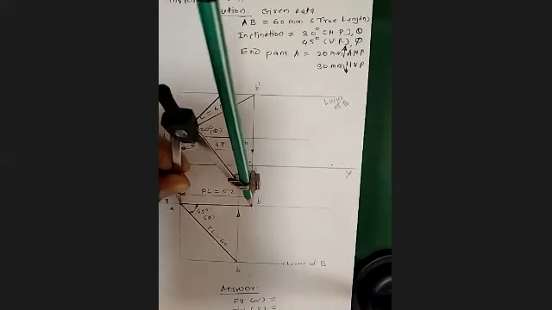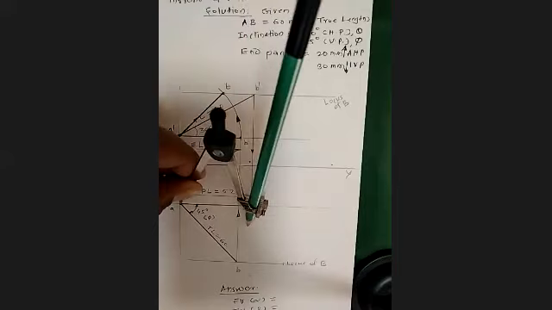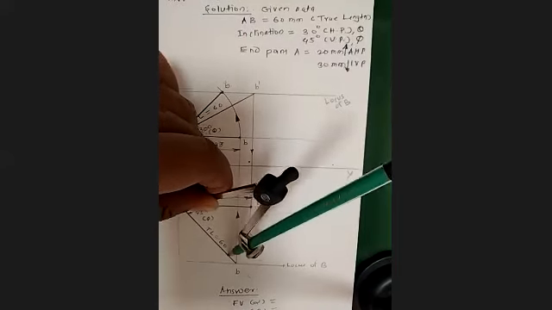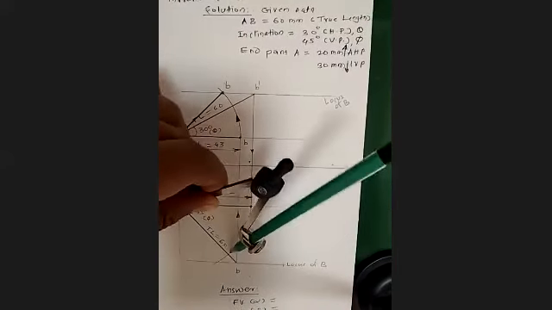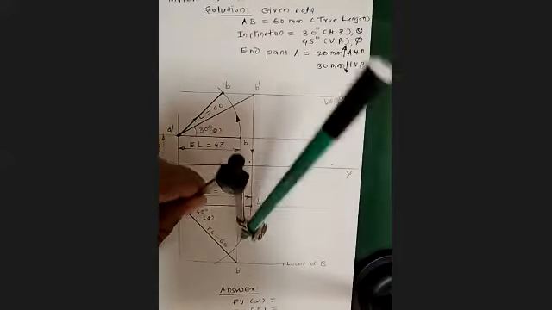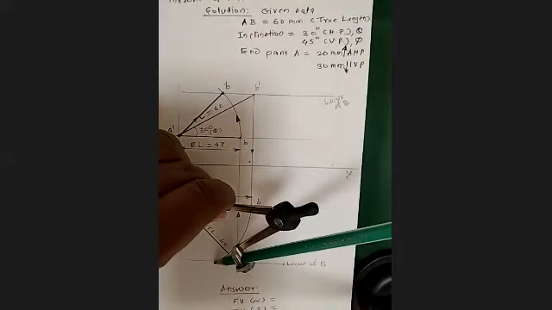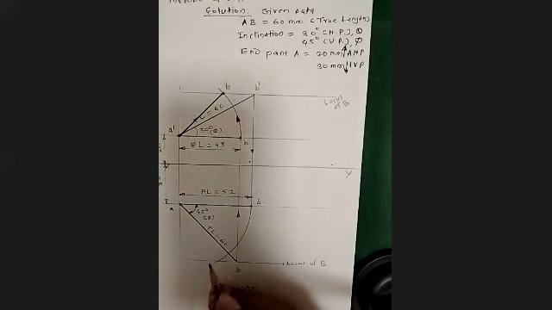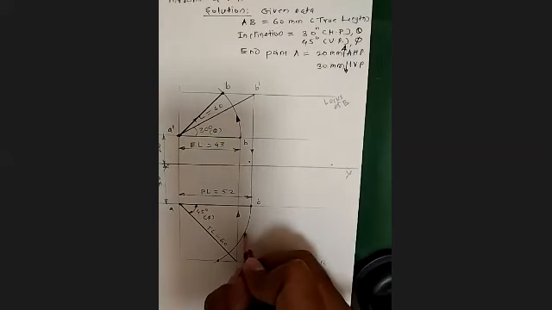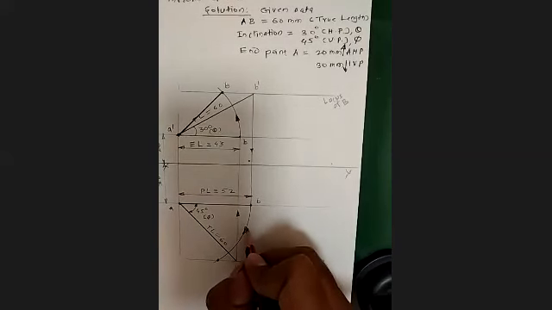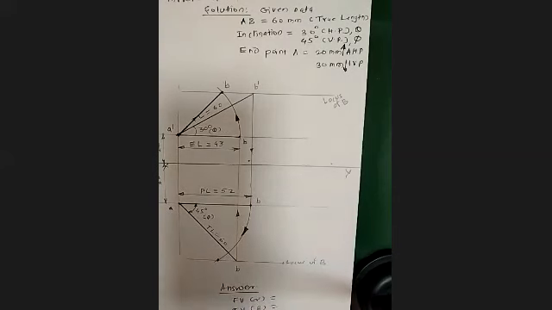Now you will take A to B, that is the plan length, in the compass and draw the arc till it cuts the locus of B. Now this is the point where it cuts, and this is the arrow direction of the arc. Okay, this is the arc, and now this point you have to join.